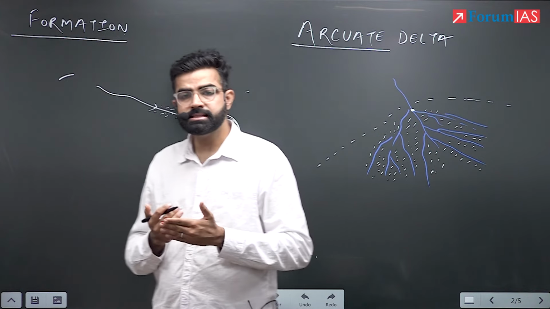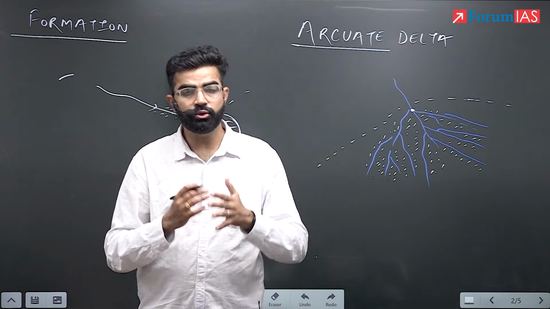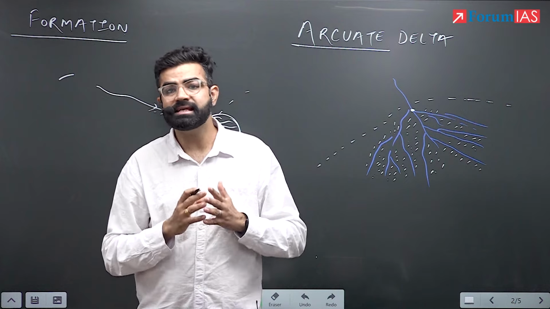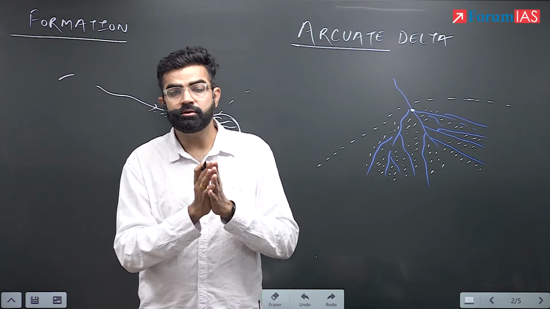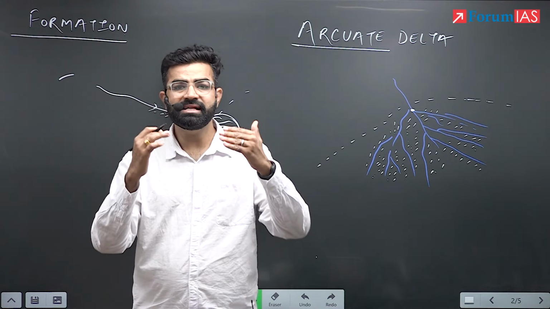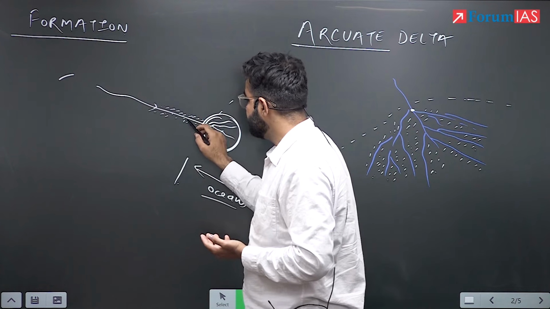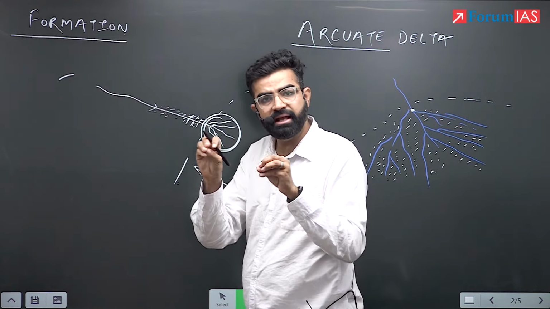Now the condition is, the river is lacking energy; both its competence and its capacity are reducing significantly in the last stage, and therefore the river will be unable to wash away its sediments. And if it is unable to wash away its sediments in the last stage, these sediments will start depositing in its bank area only.